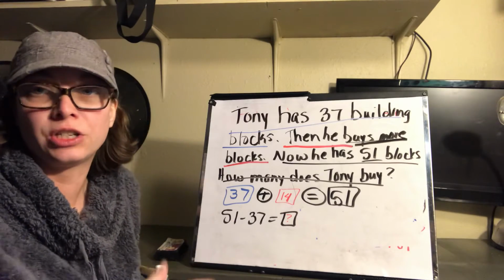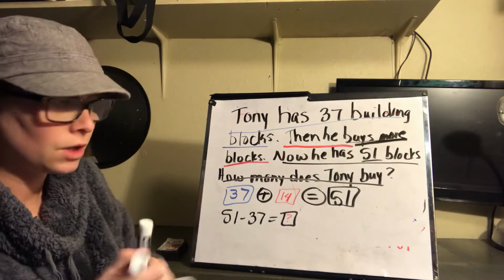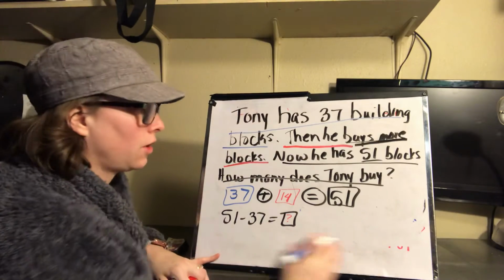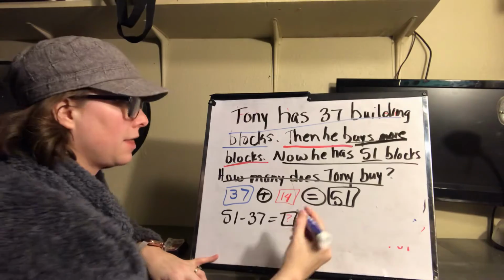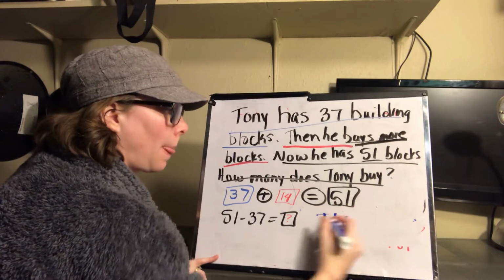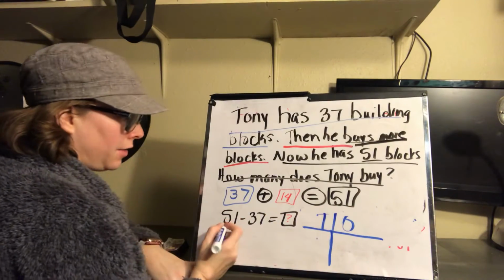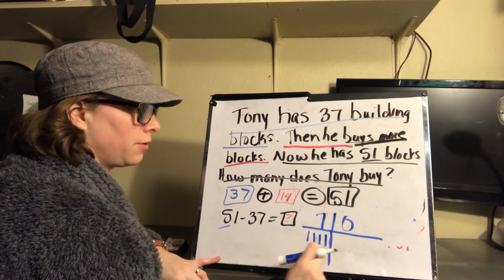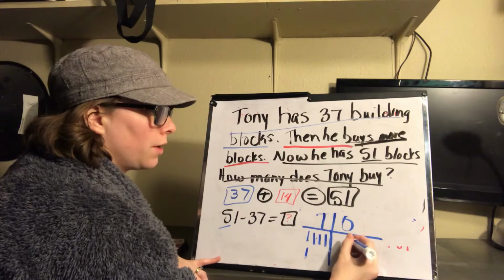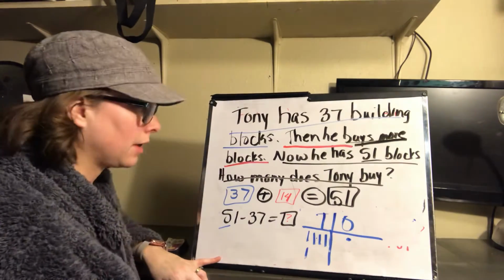It's just easier. So for this one, to solve this way with subtraction, they could do it a couple ways. They could draw in tens and ones, and they could draw out, there are 5 tens, so 1, 2, 3, 4, 5, that's 10, 20, 30, 40, 50. There's 1 one, that makes 51, okay?